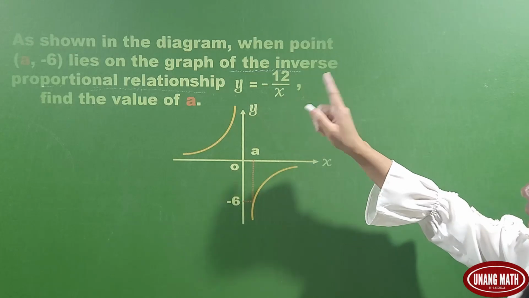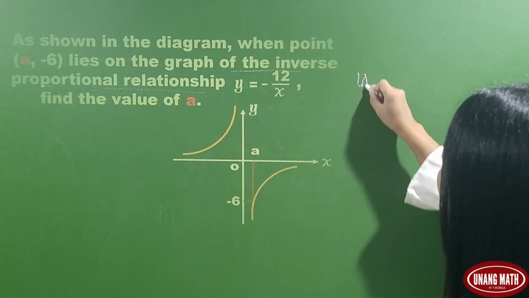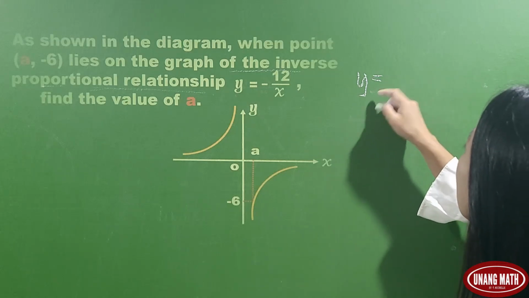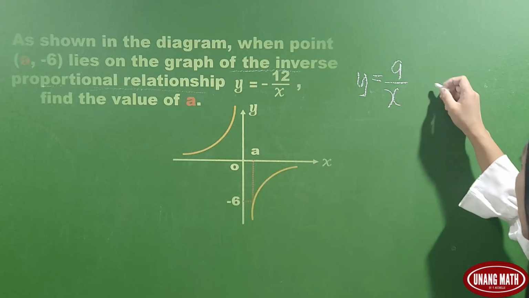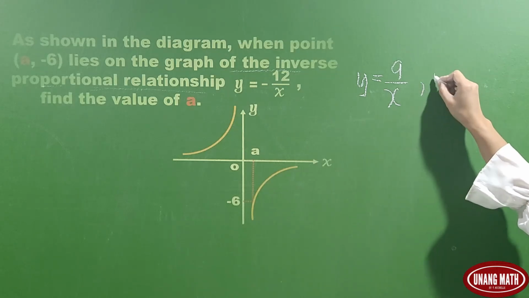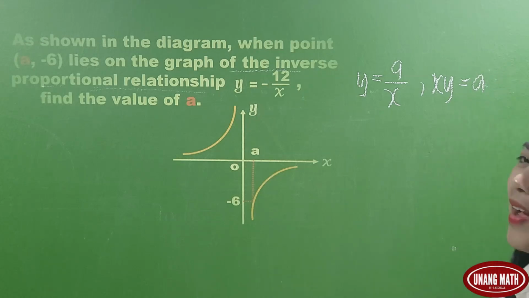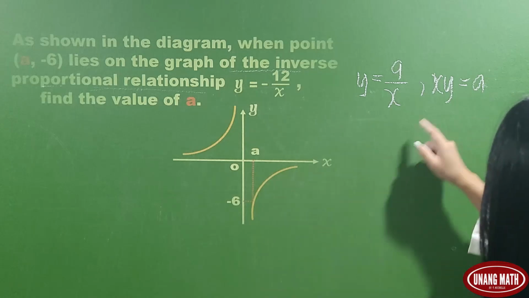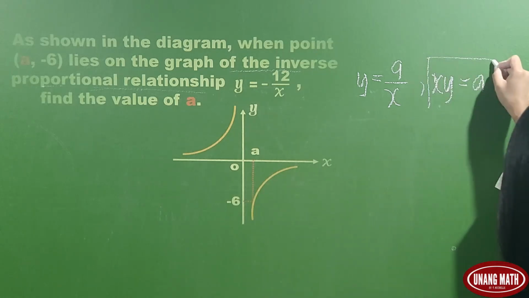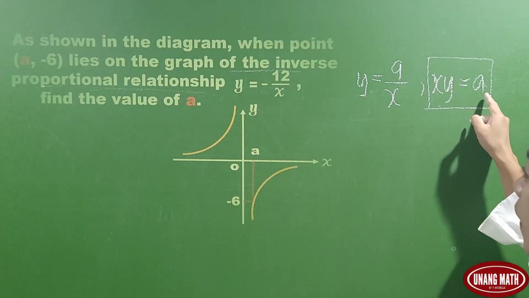Okay, if it's an inverse proportional relationship, then the equation is y is equal to a over x, or it can be x times y is equal to a. In this problem, it would be better if we use x times y equals a.